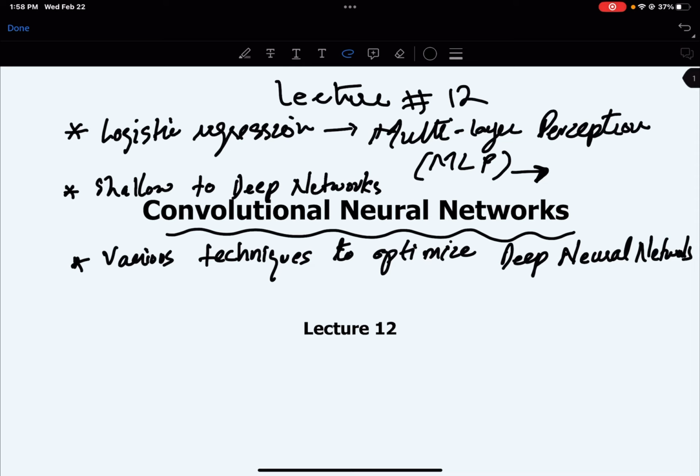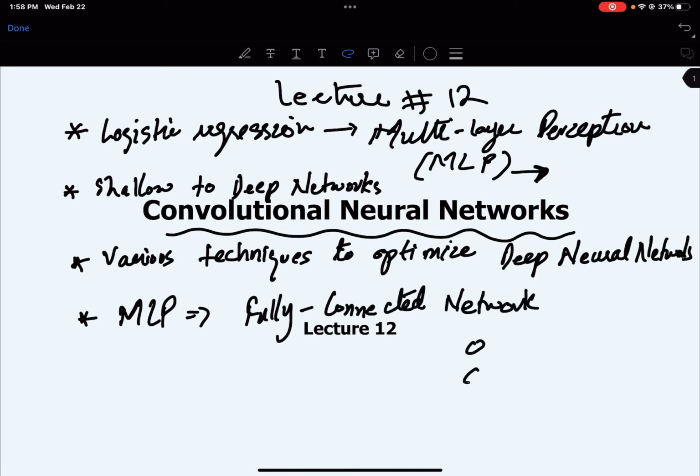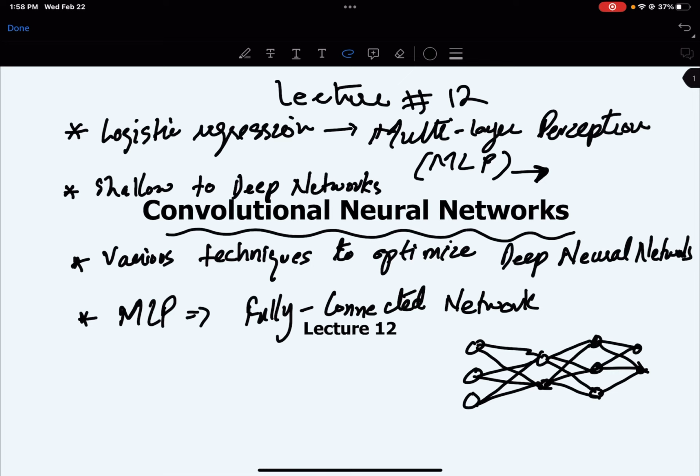We have the understanding that MLP is a fully connected network where all nodes are connected to the nodes preceding and following them.